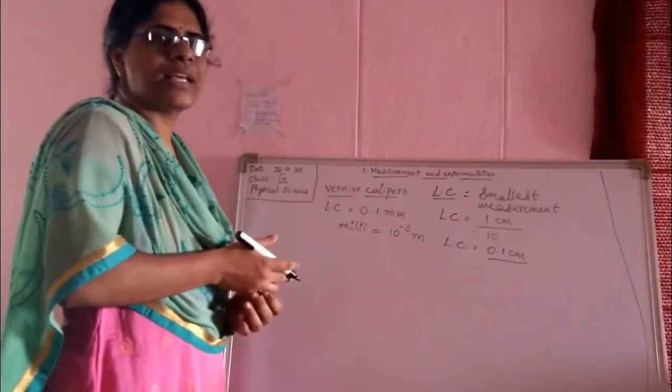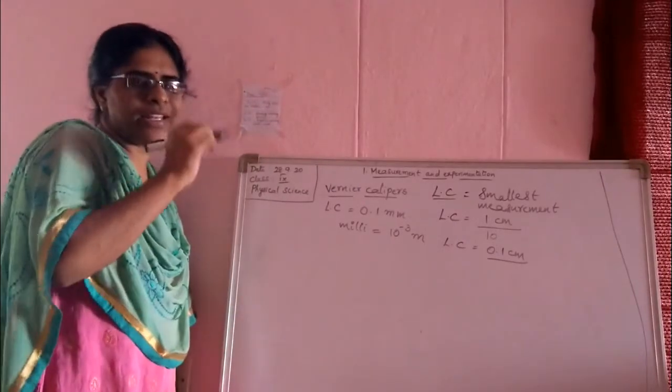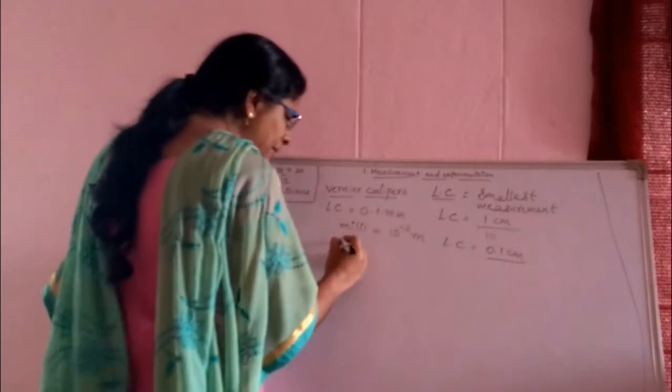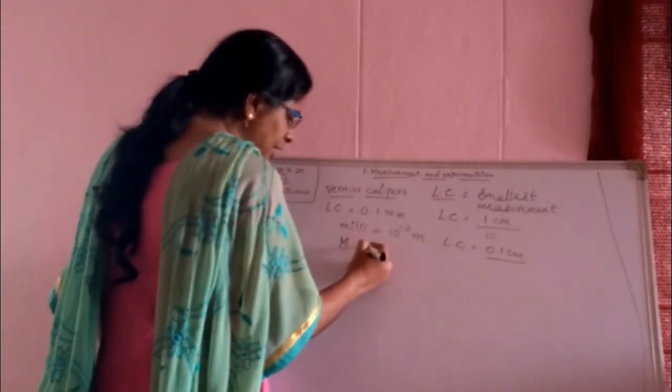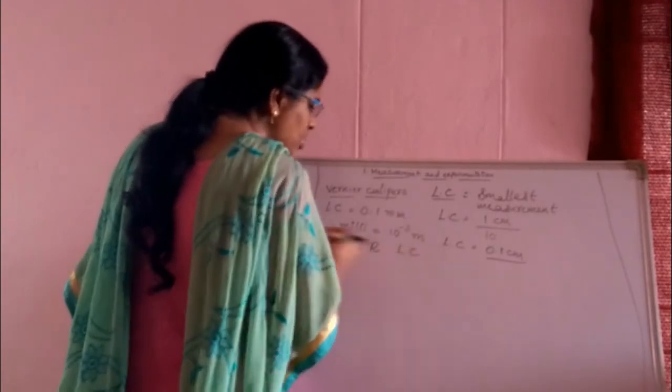In the last class, I have told you and shown you the figure regarding vernier calipers. In that, you have MSR, main scale reading, and the least count.